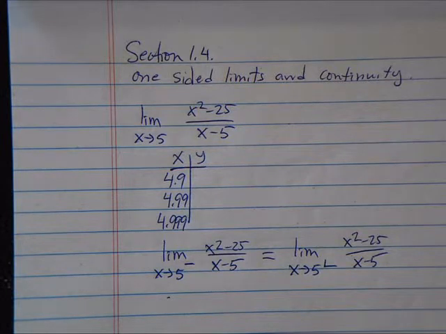Absolutely. So instead of solving this problem by building a table, we could solve this one analytically. But then it wouldn't give me what I wanted to talk about, left and right limits. So it kind of would ruin my fun. Same idea.